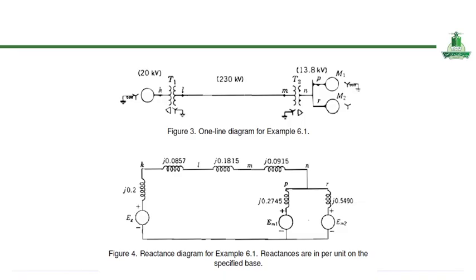These transformations allow us to ignore actual voltage levels and focus on relative impedance values, making fault analysis and stability calculations much more manageable. So overall, the slide demonstrates the essential steps of moving from a physical system representation to an analytical model suitable for power system studies.